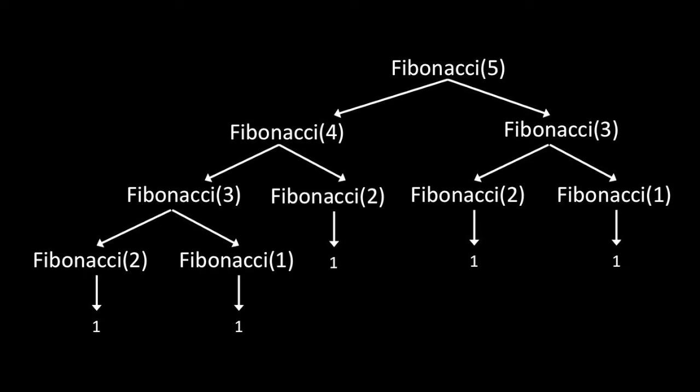Looking at the tree, we can see that to compute even this simple Fibonacci number, f of 5, the algorithm makes many redundant calls. For example, Fibonacci of 3 is called twice instead of once, and Fibonacci of 2 is called 3 times. In contrast, the iterative approach computes each Fibonacci number only once, which makes it a far more efficient algorithm.